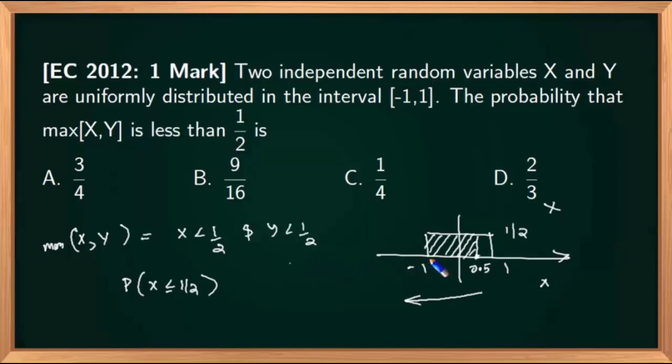So your objective is to find the area from -1 to 0.5. 0.5 is nothing but half, right? So this area is a rectangle. This is -1, this is 1, and the height will be half because this length is 2. So the height must be the reciprocal of that, and only in that case will the total area be 1. You know that the total area of a PDF must be 1.